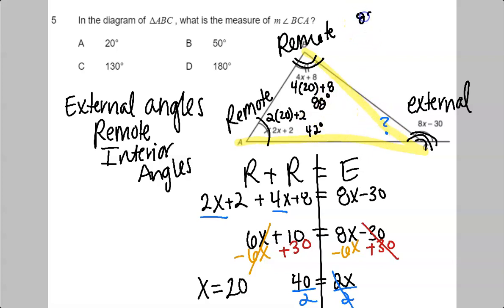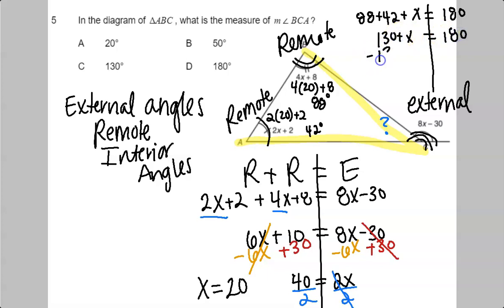So if you did 88 plus 42 plus, instead of a question mark, we can put x. And again, we know that these should add up to 180. So if we do 88 plus 42, we get 130 plus x is equal to 180.